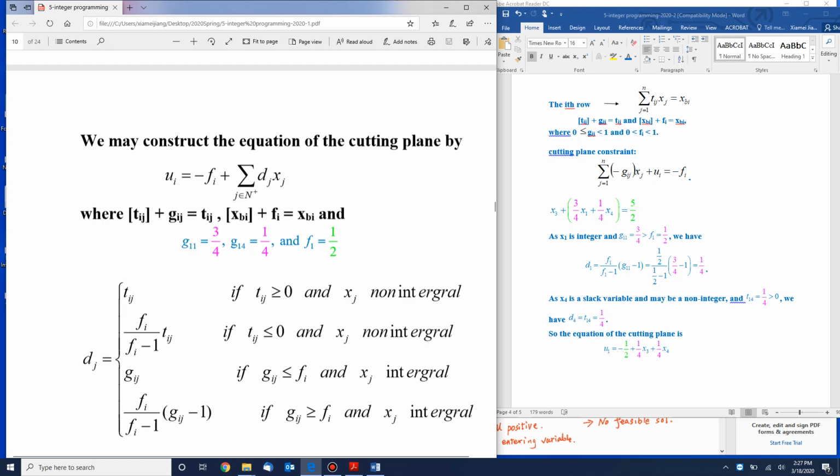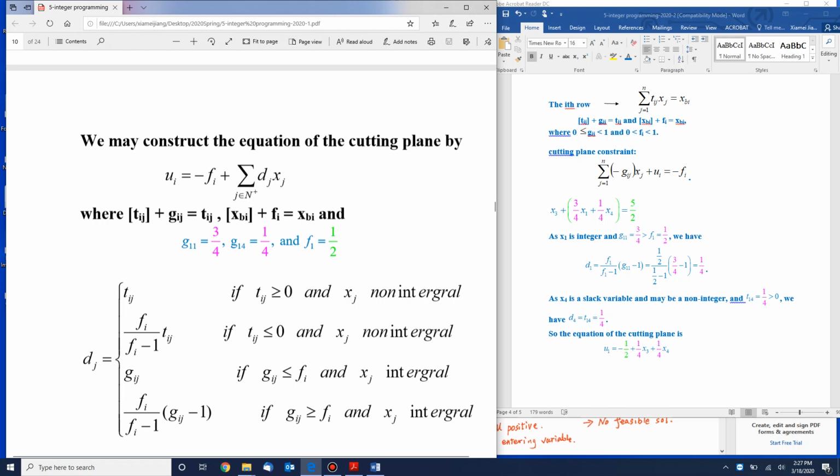Now, in this example, we already have G11, G14, and F1. You probably ask, what about G12 and G13? They are zeros, so we don't need to consider them. First, D1. D1 relates to the variable x1.